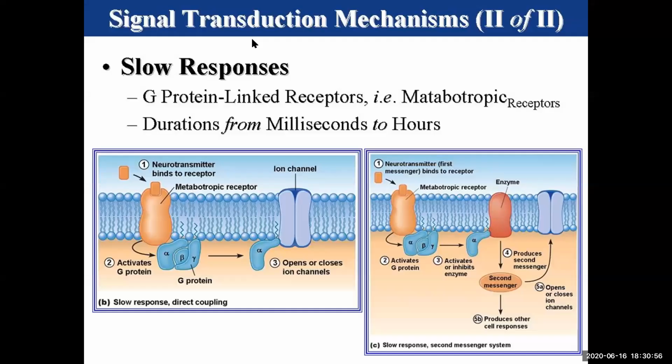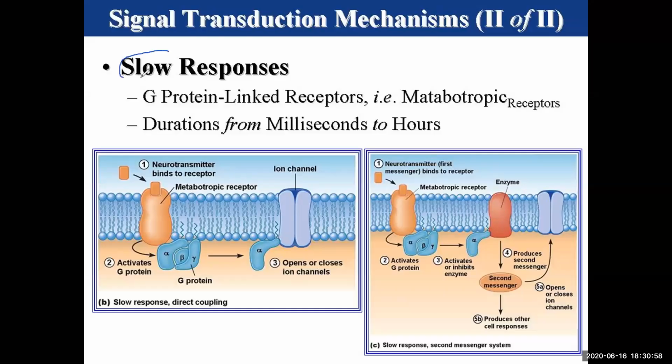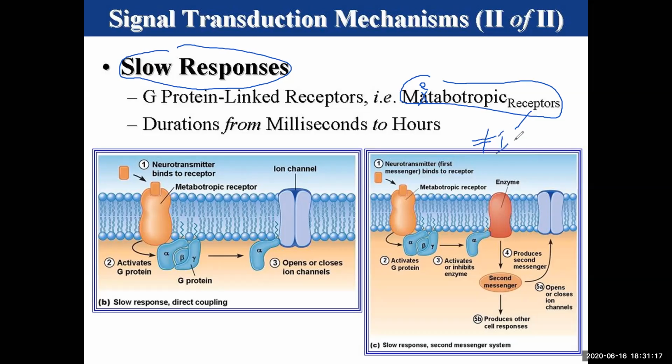And I almost forgot, when we say slow response, the slow response is mediated by, like I said here, metabotropic receptors. And metabotropic receptors are not ion channels, okay?